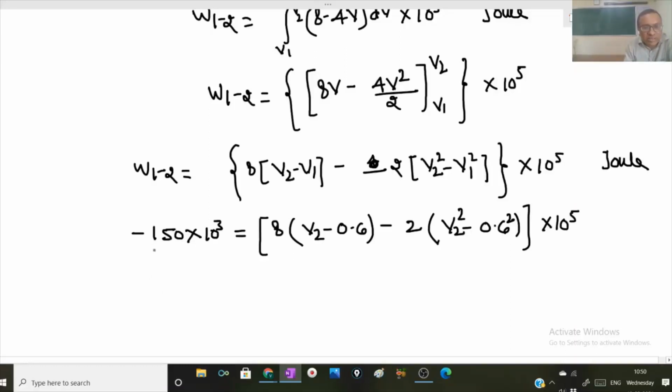Now simplify this. It will give you, let us divide 10 to power 5. Let us divide minus 150 into 10 to power 3 by 10 to power 5. So it will become minus 1.5. Left hand side will become 8V2 minus 4.8 minus 2V2 square plus, this will become minus minus plus, and it will become 0.72.